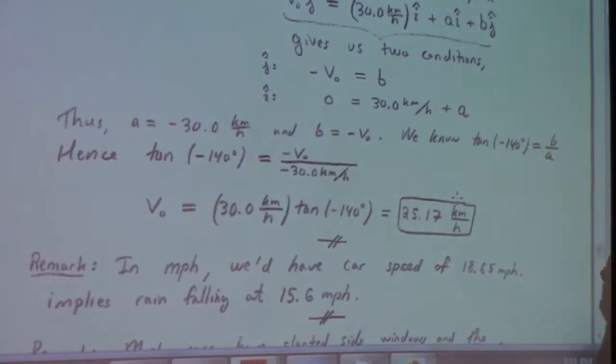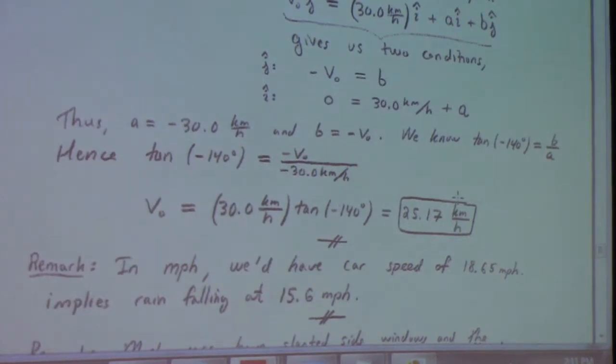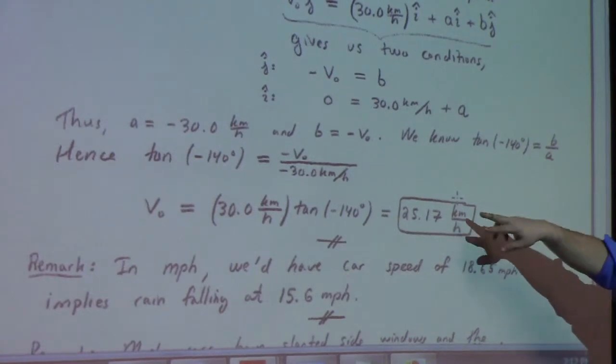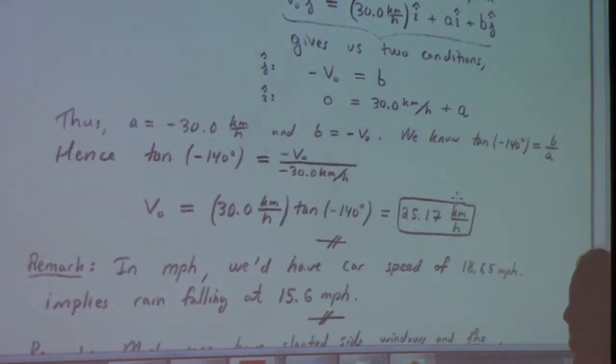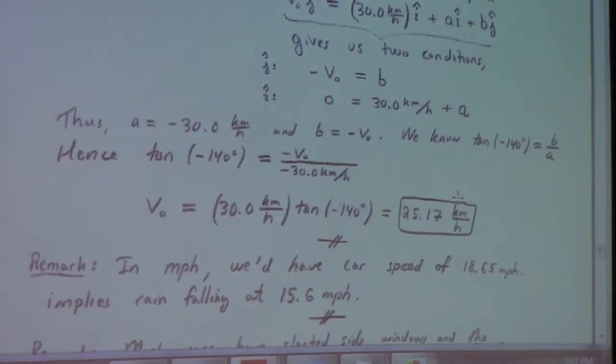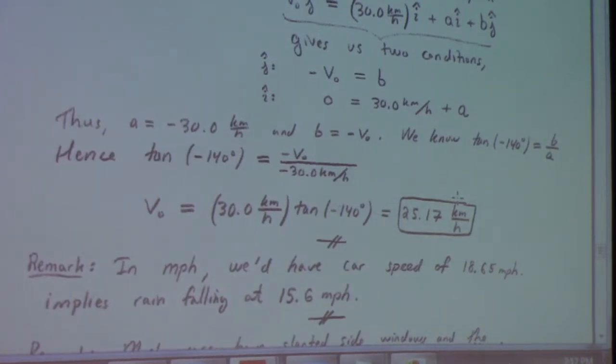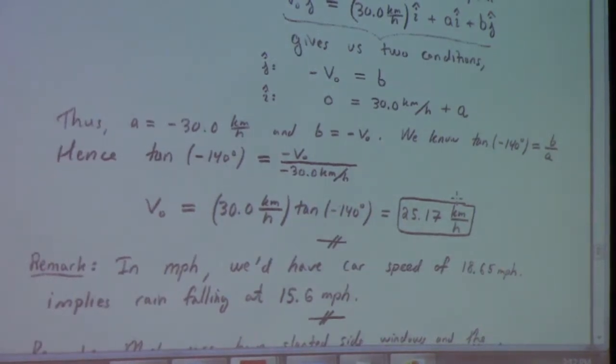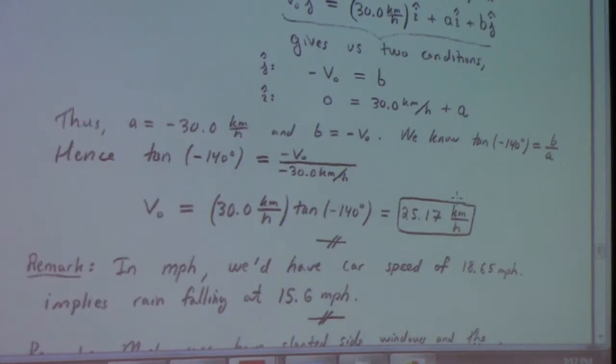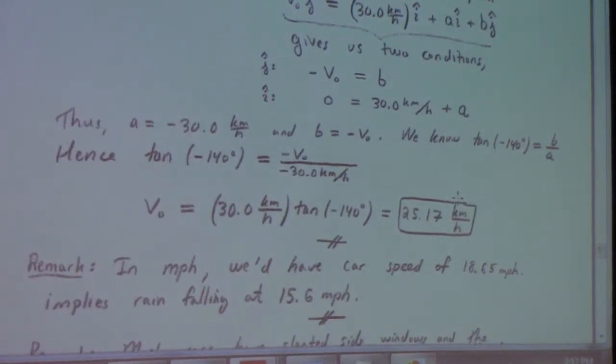Sorry, I think I've covered the picture up there. But then I can figure out what the velocity had to be because I know the angle. I don't know v naught yet, but when I put these things together, I do. So, in miles per hour, you'd have a speed of 18.65 miles per hour.